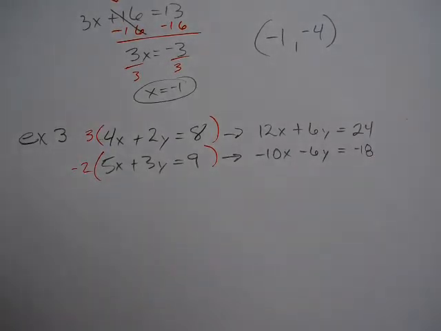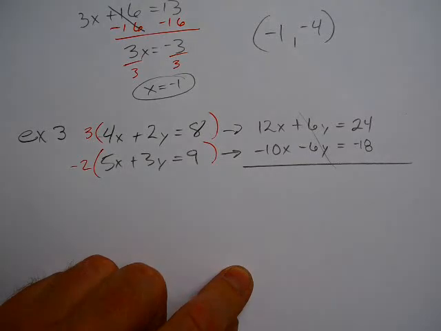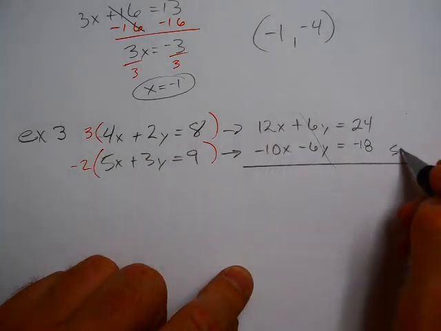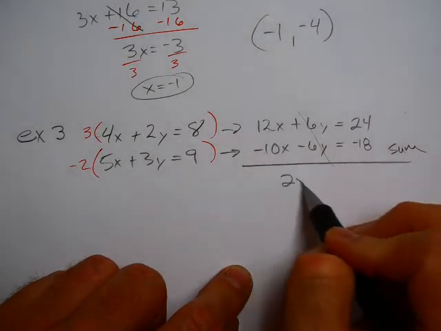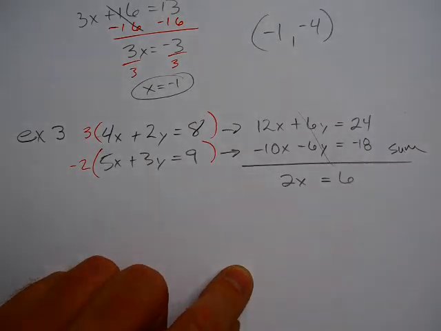Okay, so the y's are the same. These cancel. And this is where I take my sum, I add them up. That's going to be 2x equals 6. Good. So now we're almost done with x. X equals 3, right?